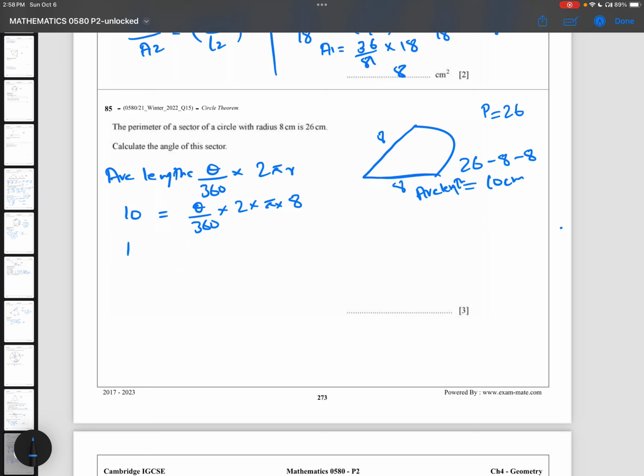So now let's do a bit of simplification first. 2 multiplied by 8 multiplied by pi divided by 360, I got 0.14. So 0.14 into theta, 10 is equal to. So now this 0.14 will be divided with 10 when I move it to the left side of the equation.